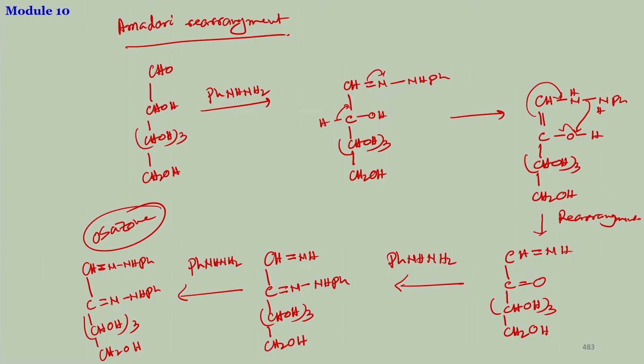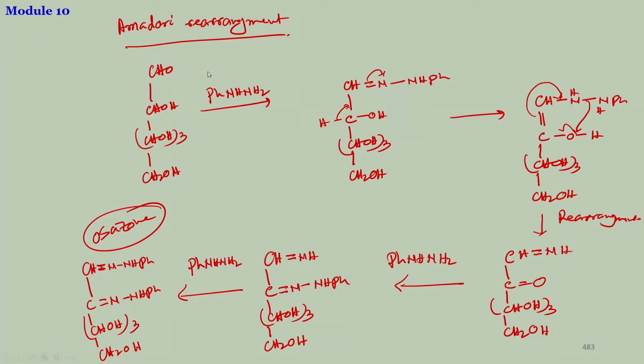So, both the CHO and the next CHOH get converted into a double bonded nitrogen, giving you a phenylhydrazone derivative, and we call it osazone.